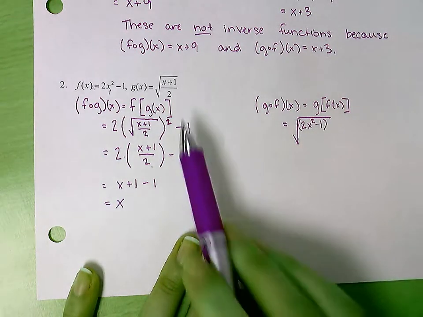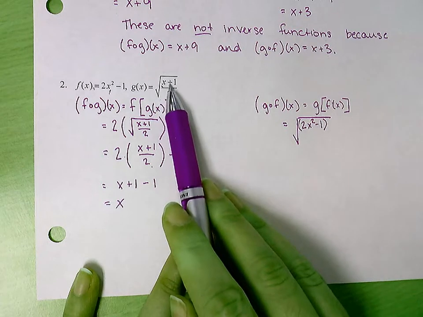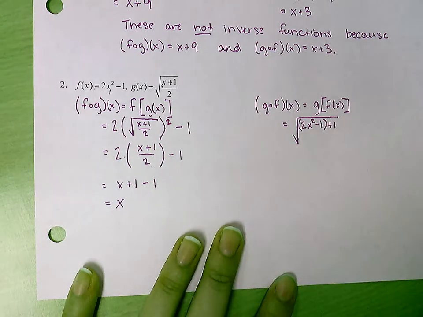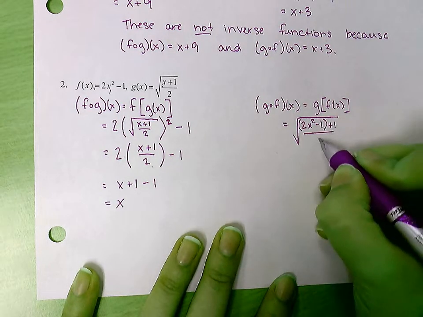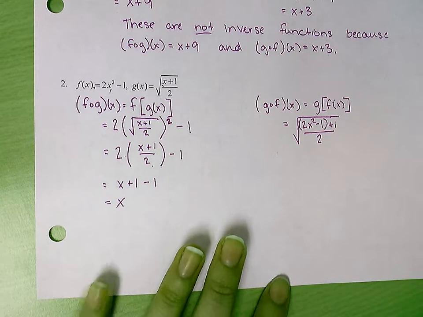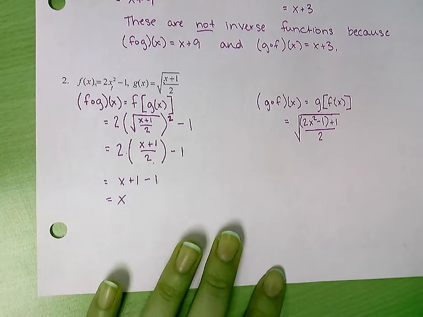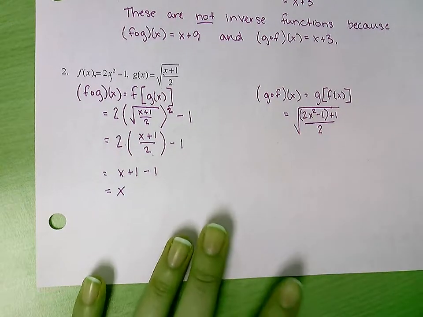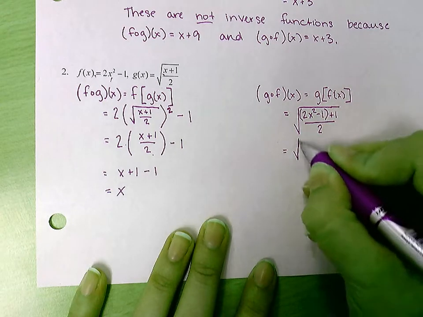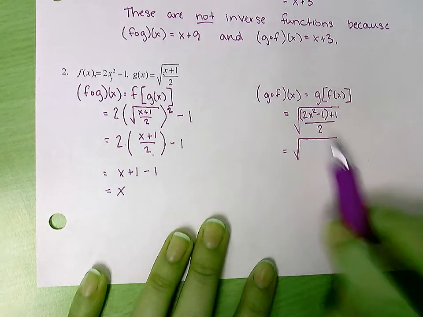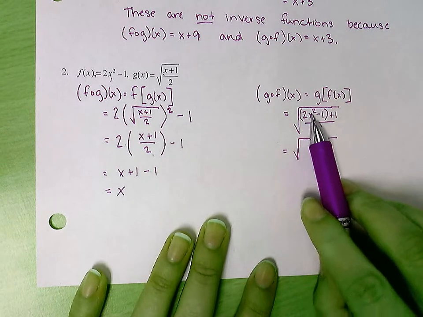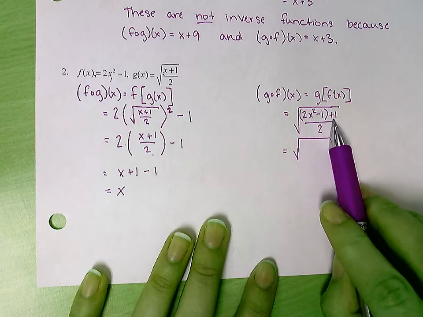Okay, that's that whole x right there. Then I need to add 1 to that and put it over 2. All right, so simplifying this. Looking at the numerator, I have 2x squared minus 1 plus 1.